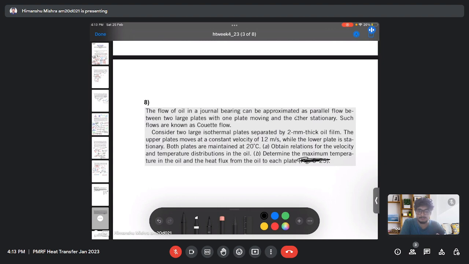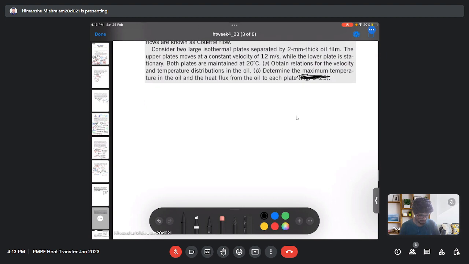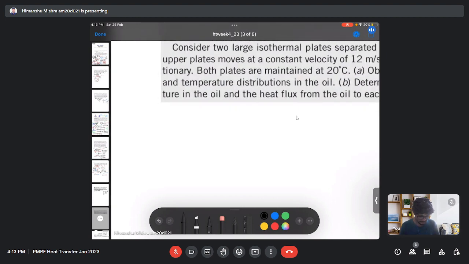Determine the maximum temperature. So in this question, we are given a Couette flow. Couette flow is a specific flow arrangement where one of the plates, let's say the bottom plate, is stationary, but the top plate is moving in some direction. This plate is moving with velocity V naught to the right-hand side.